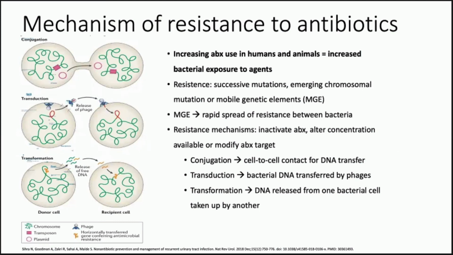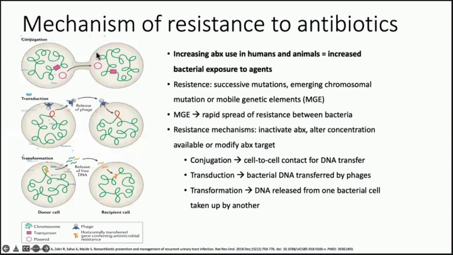Mobile genetic elements enable a really rapid spread of resistance between bacteria. Resistance through all of these mechanisms will increase under the antibiotic pressure with positive selection. Resistance mechanisms can then act to inactivate an antibiotic, alter its concentration at the point of action, or even modify the target of the antibiotic.